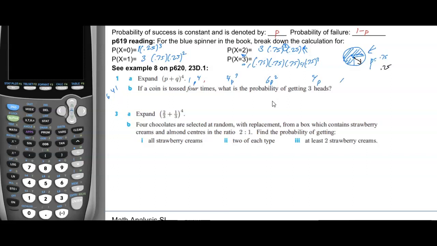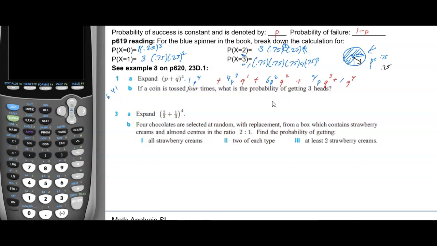And then we could put q to the 0, q to the 1, q to the 2, q to the 3, and q to the 4. And we just add all those together. And then, of course, q to the 0 is just 1, so I'll just erase that. So there's my expansion.